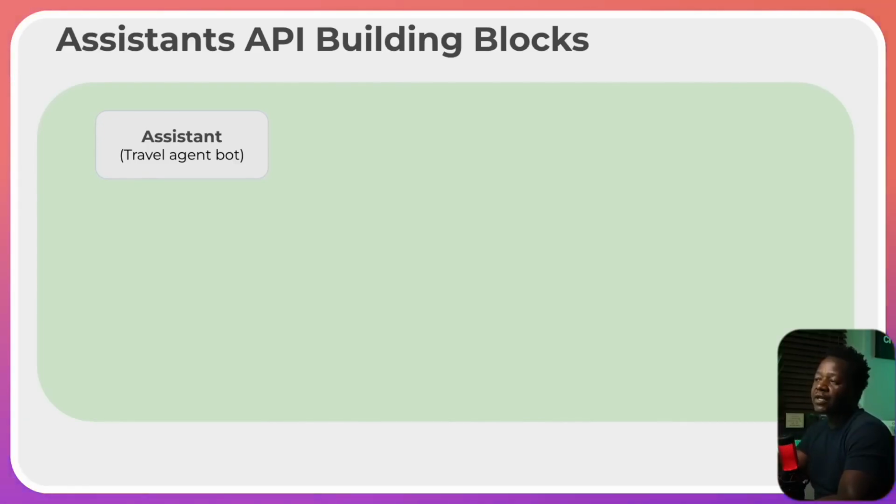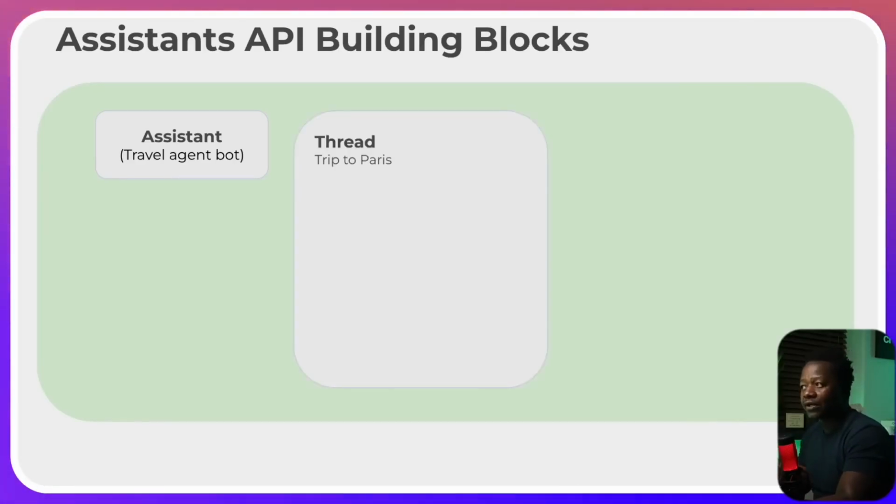And so in this case here, we can have an example, an assistant who is a travel agent bot that we can use. So that is the first component. And the second component, or second building block, is what we call threads. A thread is where all of the messages that occur between the assistant and the user, because that is the whole idea, all those messages are tracked here in the thread.